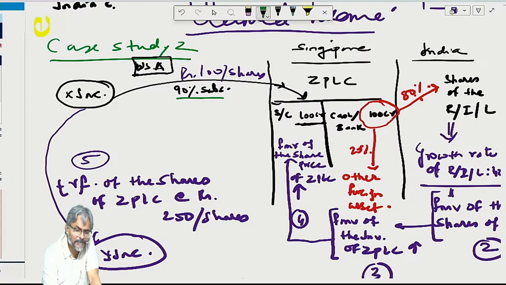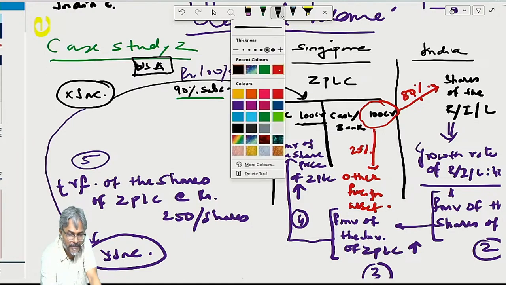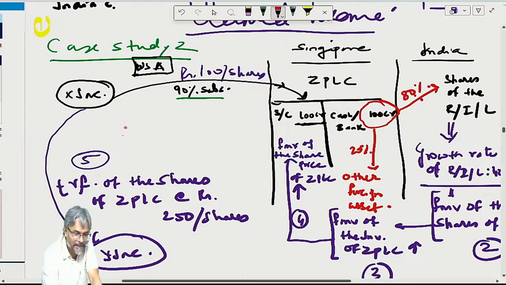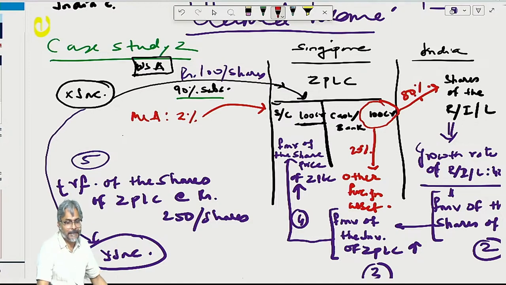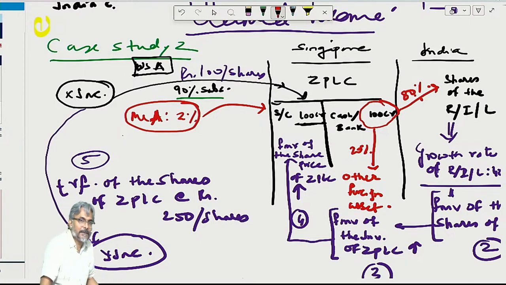So say, for example, I will just give you an example here. Say there is one Mr. A having 2% in this. And Mr. A is also transferring the shares of ZPLC to, say, Mr. B. And just now we concluded that ZPLC derives its value substantially from Indian assets.